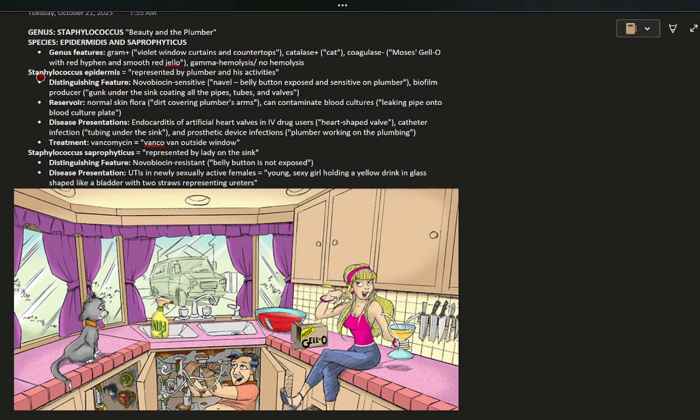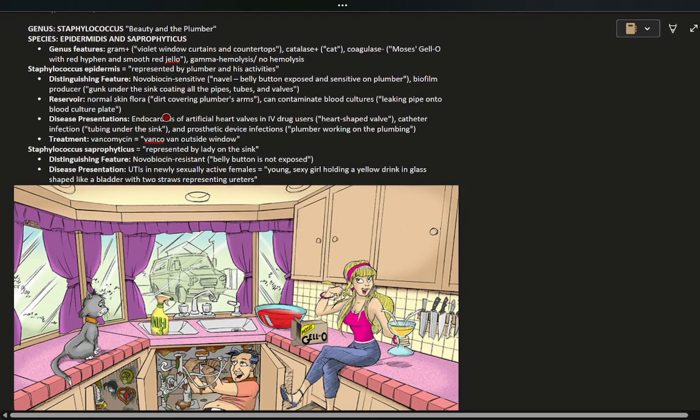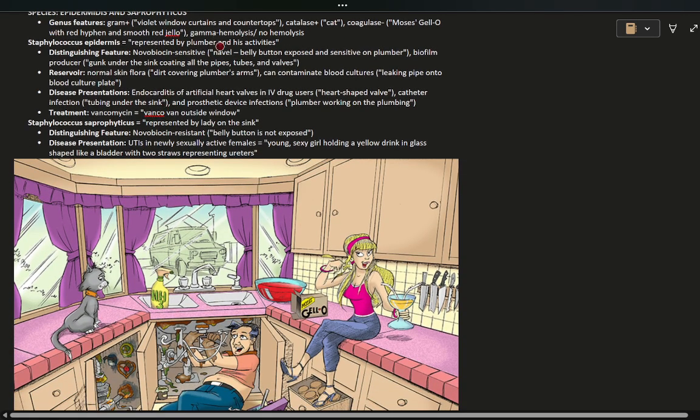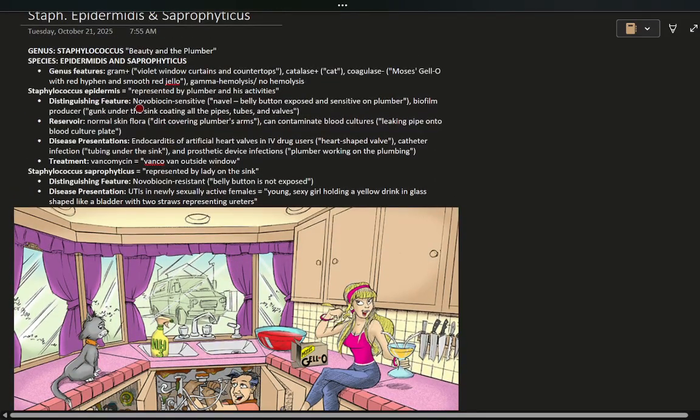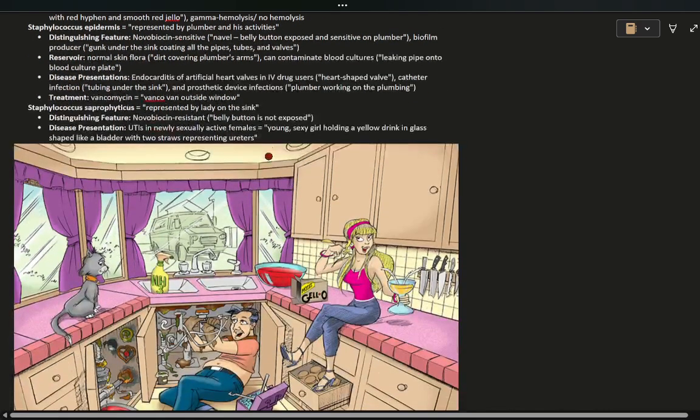So, let's start off with Staphylococcus epidermidis. This species is distinguished by the fact that it is novobiocin sensitive. In this sketchy image, Staph epidermidis is represented by the plumber and his activities right over here. The fact that it is novobiocin sensitive is represented by the plumber's navel, where the belly button is exposed and sensitive.